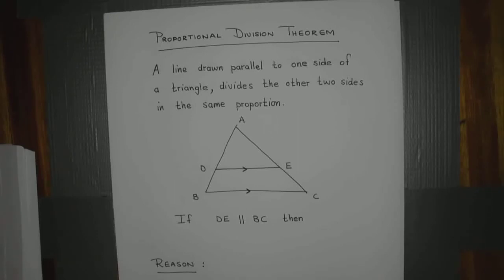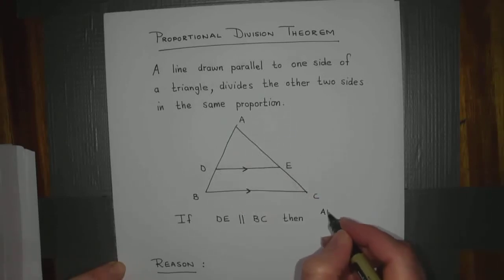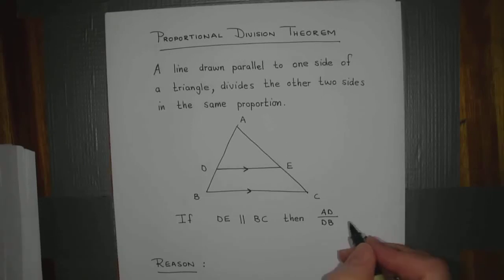So if DE is parallel to BC, then I can always make the statement that AD over DB, so the proportion of those 2 sides, is going to be equal to the proportion of those 2 sides. That's what the proportional division theorem says.